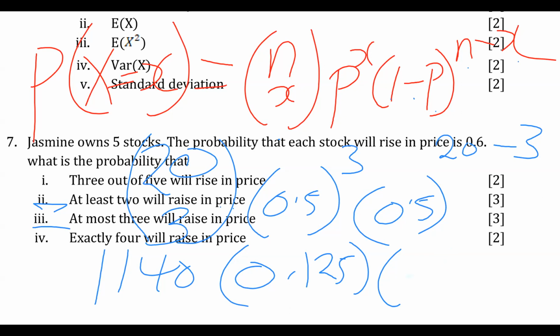The power is 17, because 20 minus 3 is 17.